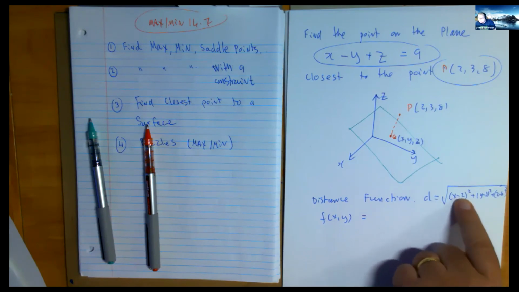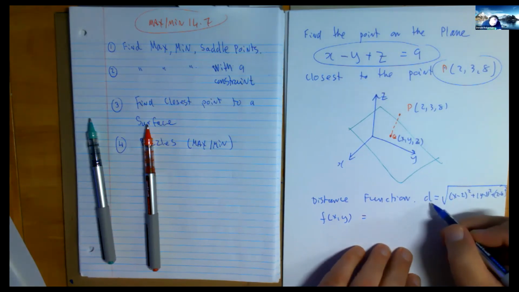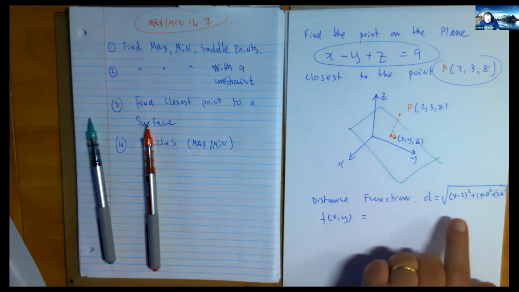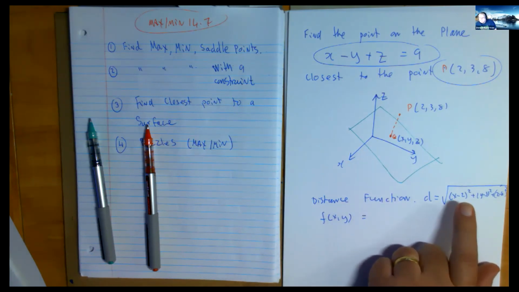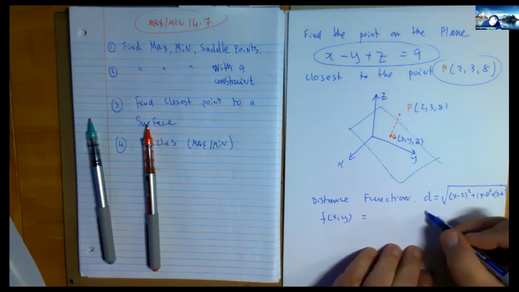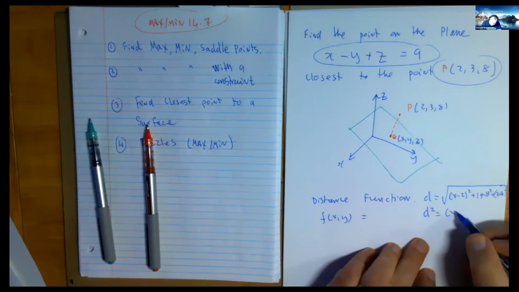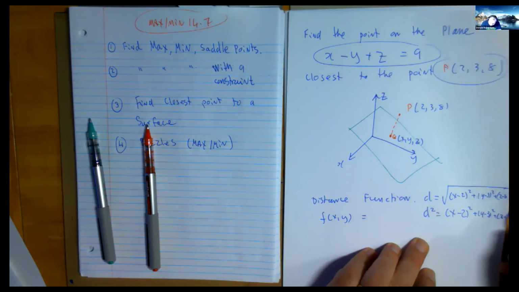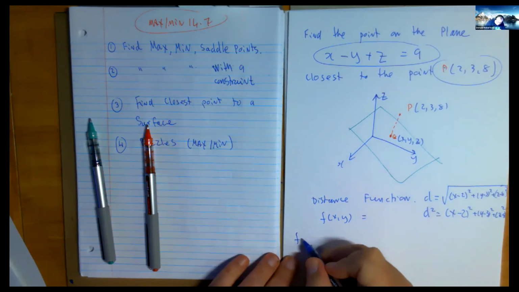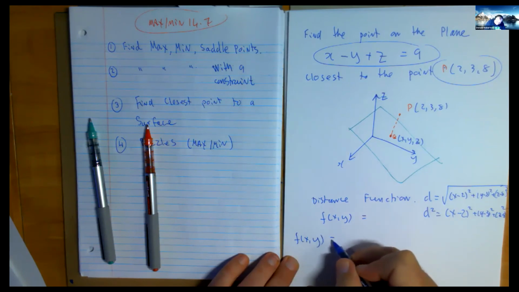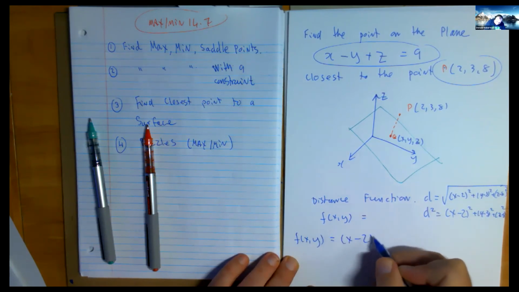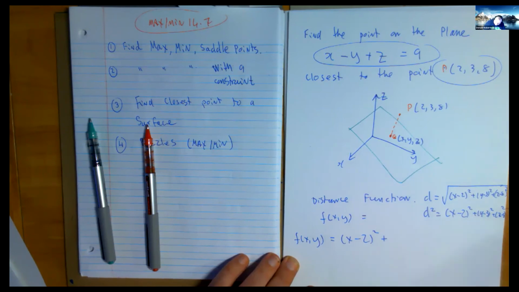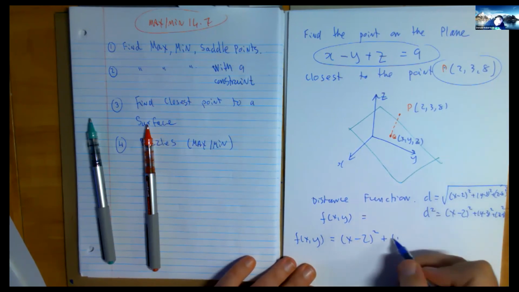Distance formula? Now, that's not the distance function. It could have been, but it's been discovered that that's really ugly and hard to deal with. So the distance function actually is the square of the distance. So f of x, y, the distance function, is the square of the d value here.